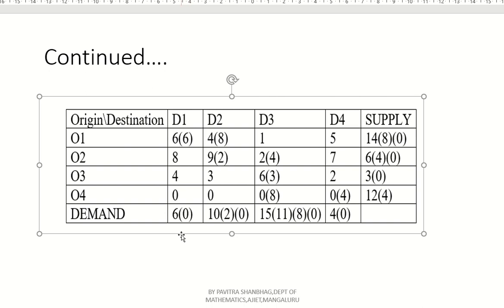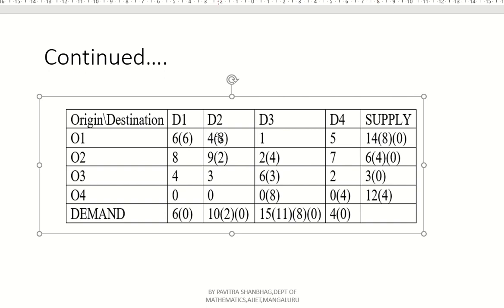Now, come to the first row, second column. The demand is 10 and what remains is 8. The minimum of 10 and 8 is 8, so assign 8 here.